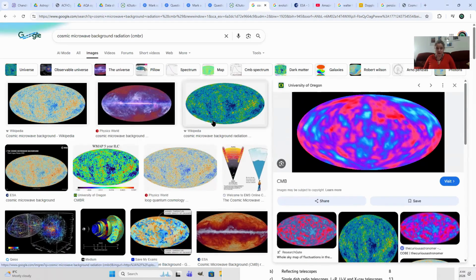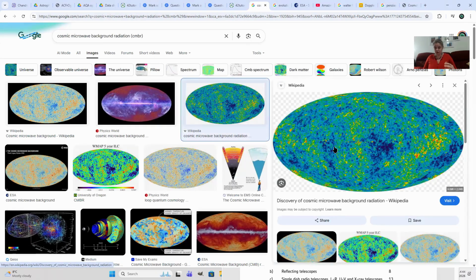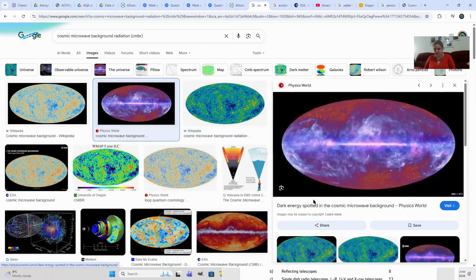And since then, we've had much smaller changes represented, so pretty much it looks uniform. So this is the cosmological principle in visual form, saying it doesn't matter which way you look, it's the same in every direction. So sometimes you get something like this.